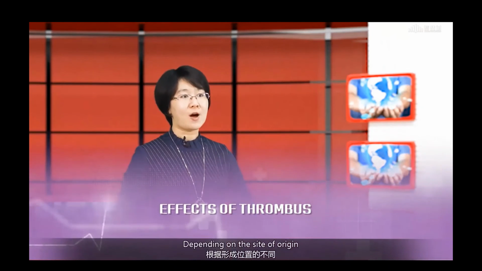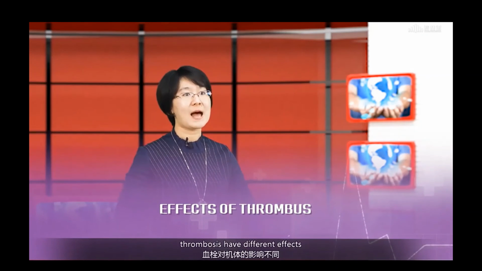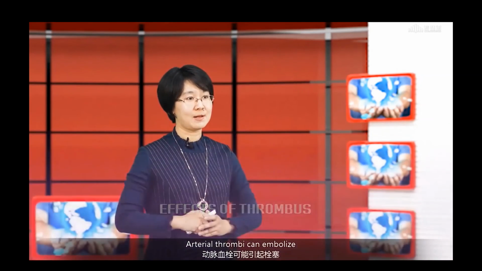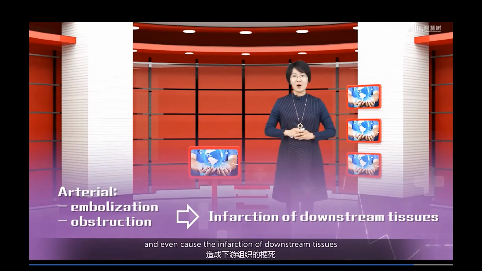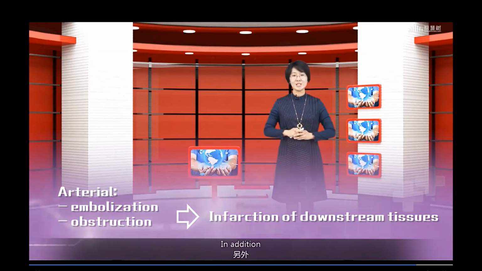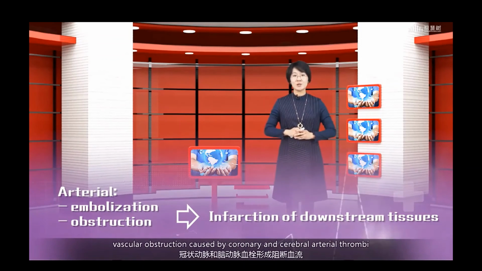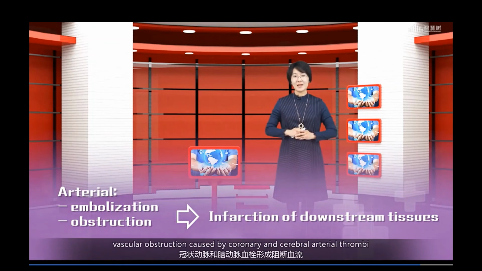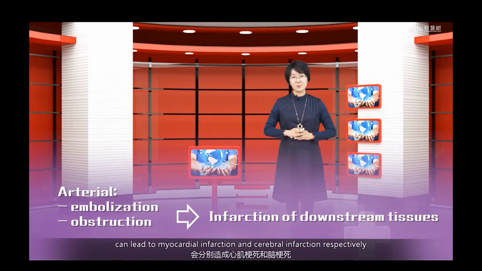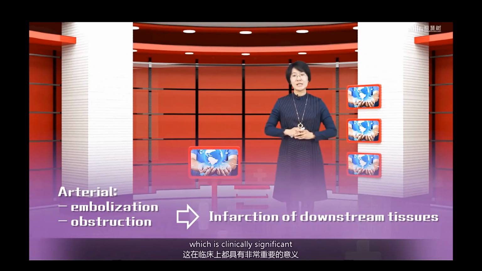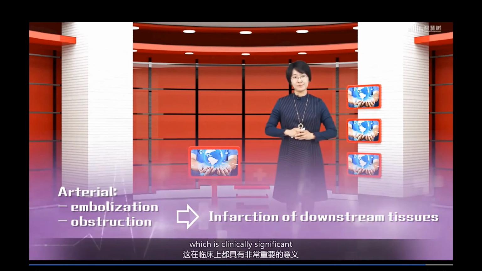Depending on the site of origin, thrombosis has different effects. Arterial thrombi can embolize and even cause the infarction of downstream tissues. In addition, vascular obstruction caused by coronary and cerebral arterial thrombi can lead to myocardial infarction and cerebral infarction respectively, which is clinically significant.